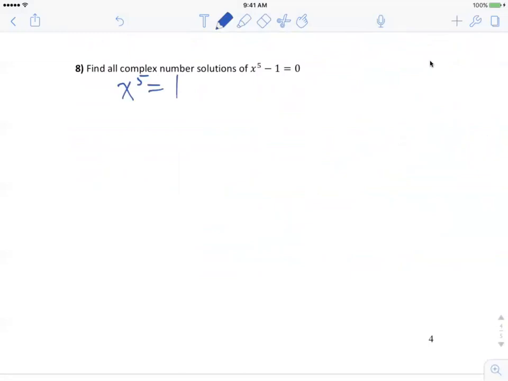X to the 5th equals positive 1. What does 1 look like in trig form? That's interesting. Right? 1 is on the positive real axis, at 0 degrees, right? So this is r is 1, angle 0.